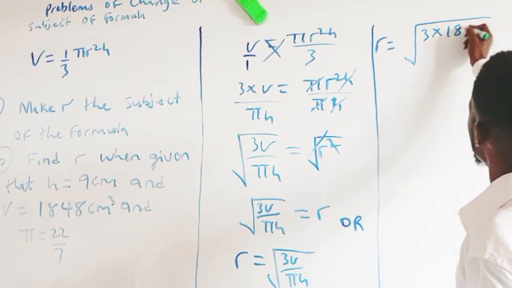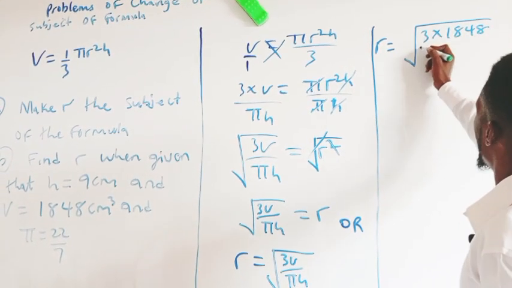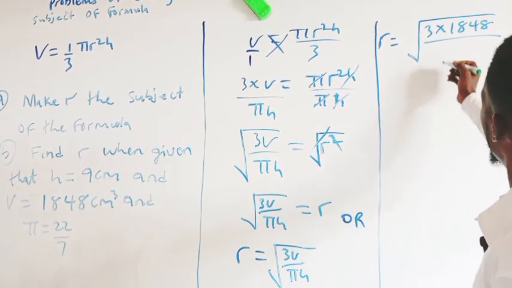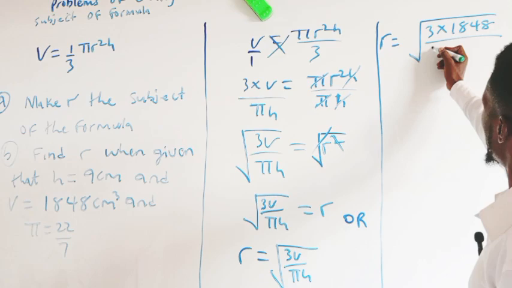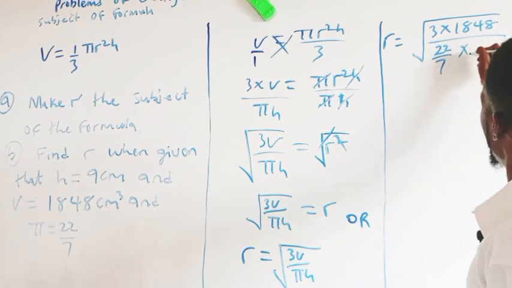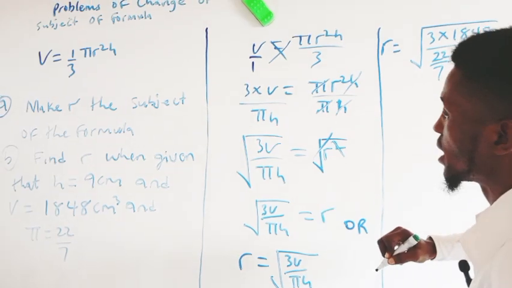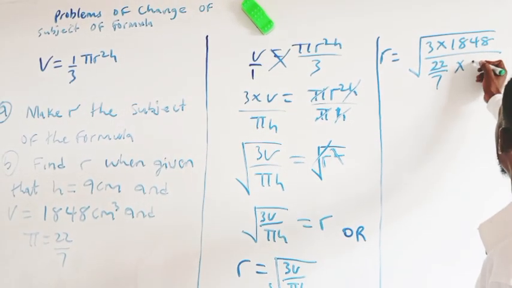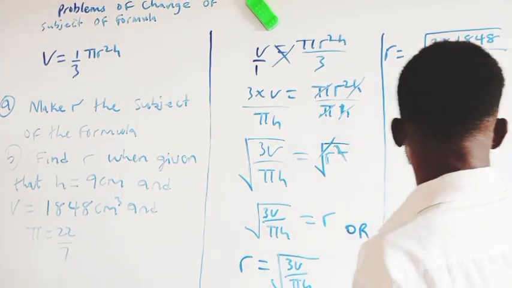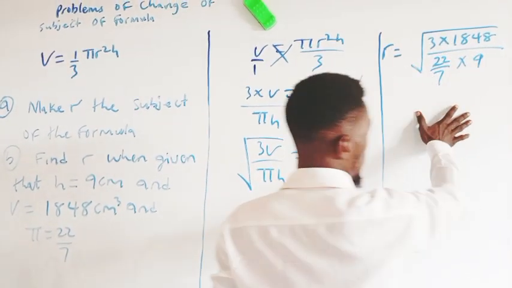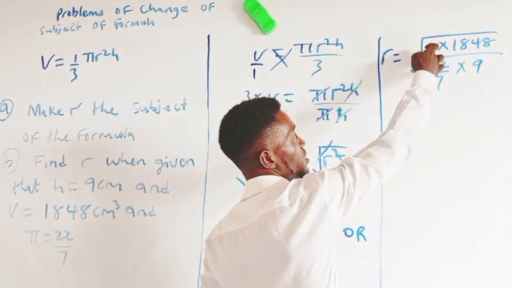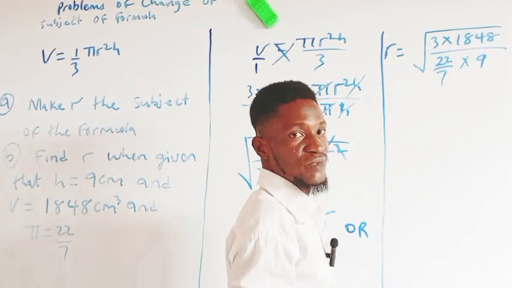Following the formula, pi is 22 over 7, times h, which is 9. This is what we are going to work on. This is our numerator and this is our denominator.